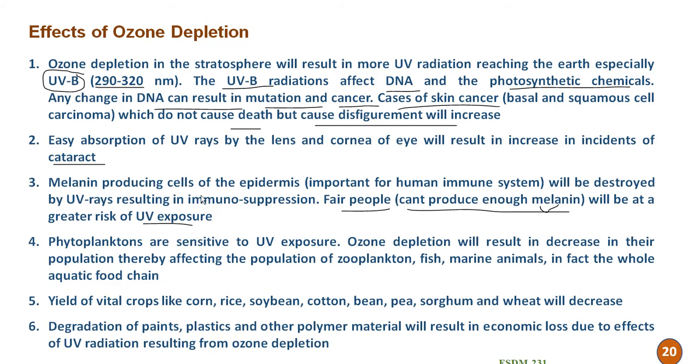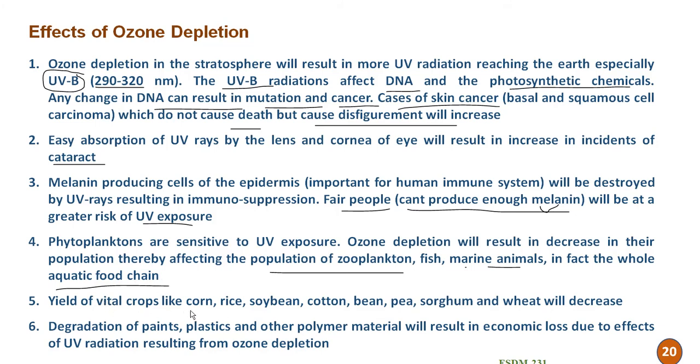Then phytoplankton are sensitive to UV exposure, and ozone depletion will result in a decrease in their population, thereby affecting the population of zooplankton, fish, marine animals, in fact the whole aquatic food chain. So this is another important effect of ozone depletion on aquatic biota.